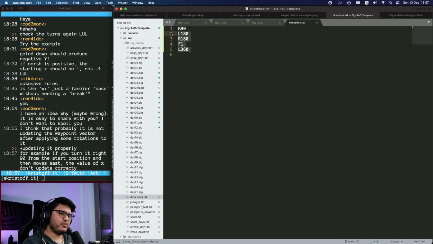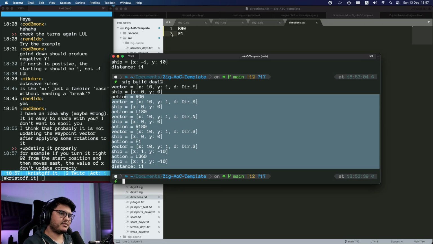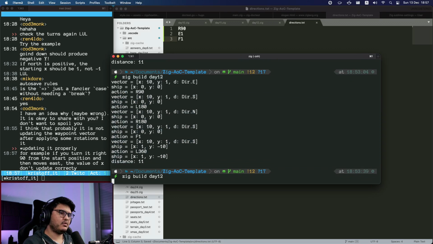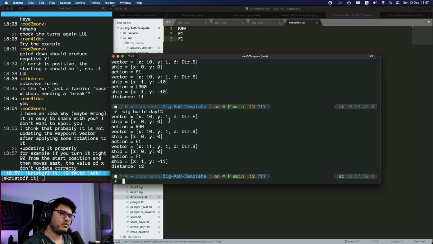So we move it right 90, then we do east 1, and let's see what happens. I need to do also a forward 1 so that it prints the state of the vector. So this is the initial situation.